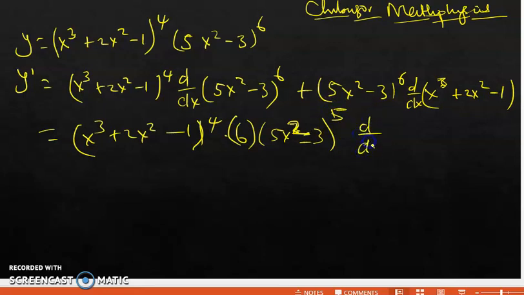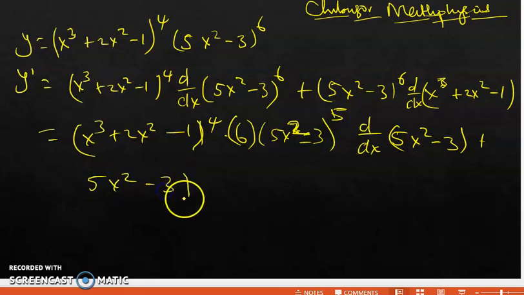d over dx of 5x squared minus 3, plus 5x squared minus 3 power 6, multiplied by the derivative of this.